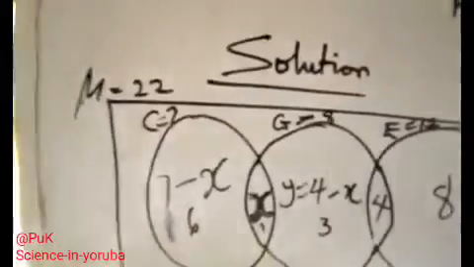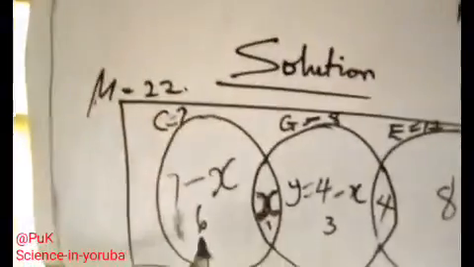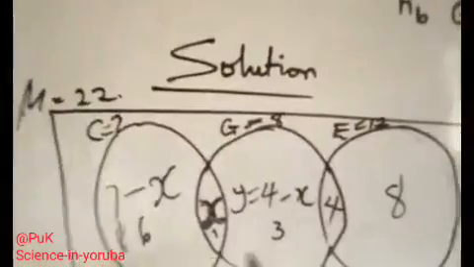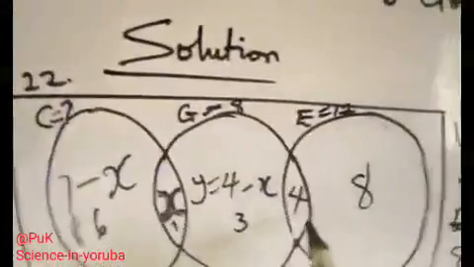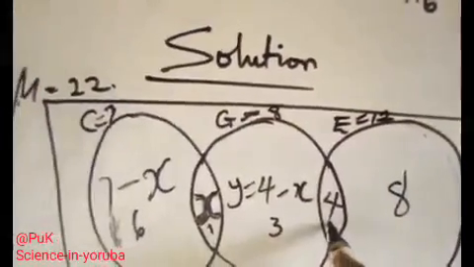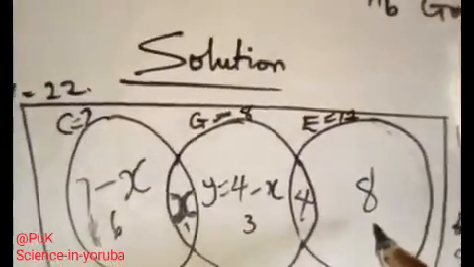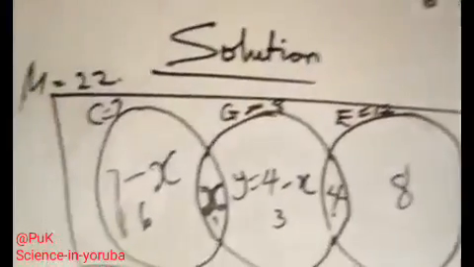This one is 1. So if we add it together, it should give us 22. 6 plus 1 is 7, 7 plus 3 is 10, then plus 4 gives 14, and plus 8 gives 22.